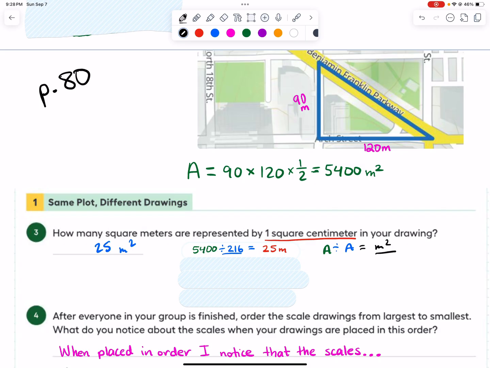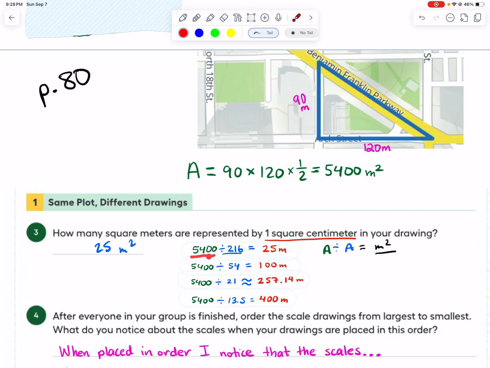Here's all 4, and you're about to see a pattern. Here's the big area divided by the area of ours, and here's another one, and another one. If you put them in order, here's the biggest number, and it gives you the lowest square meters. This one's the lowest number, and it gives you the highest meters squared.